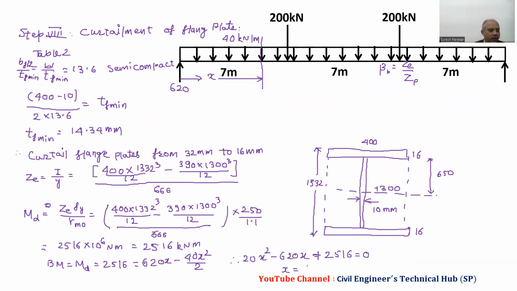So we have value of x 4.8 meters. The diagram I have plotted in the thumbnail, you can see over there. So we can write, therefore, curtail the plate at 4.8 meters from both ends.